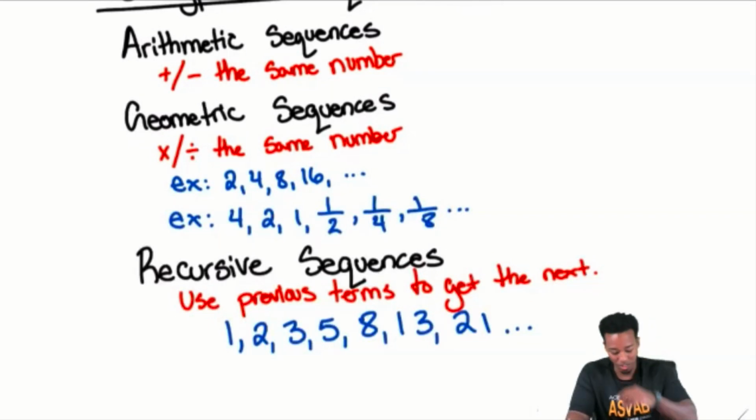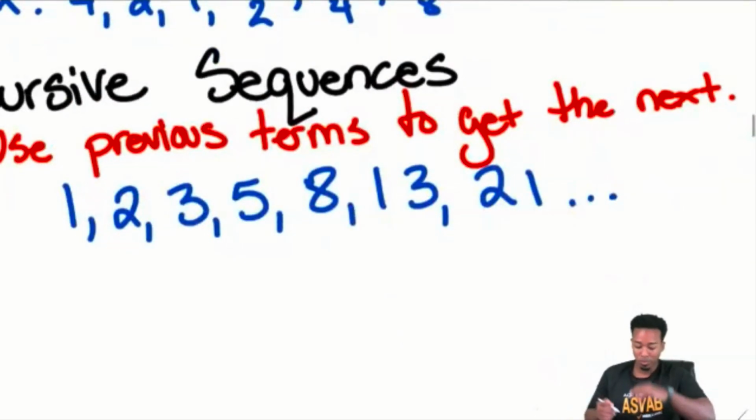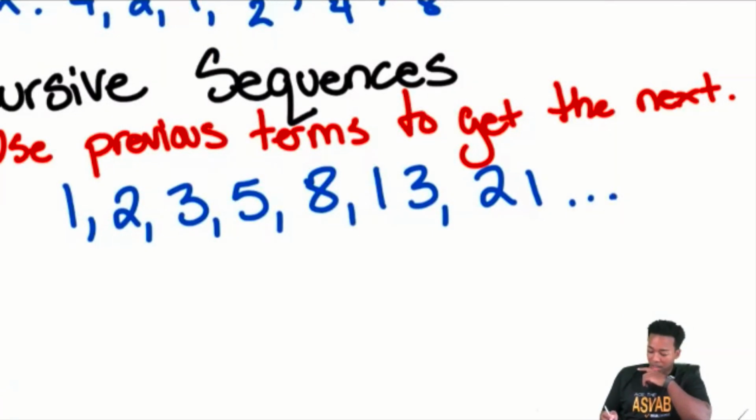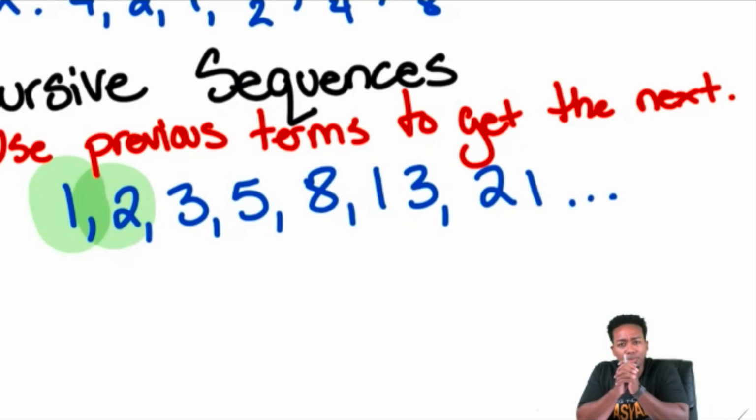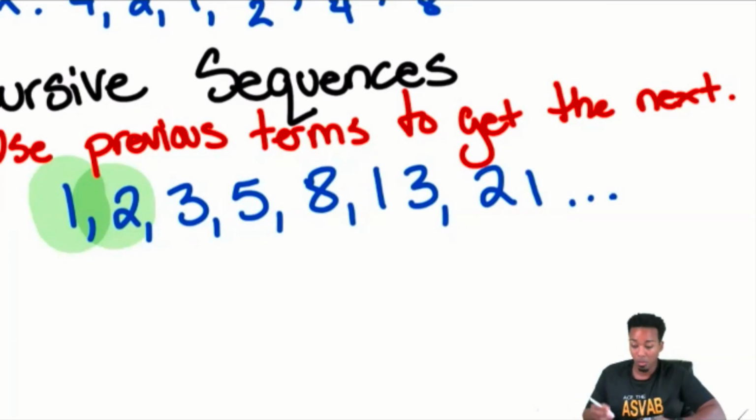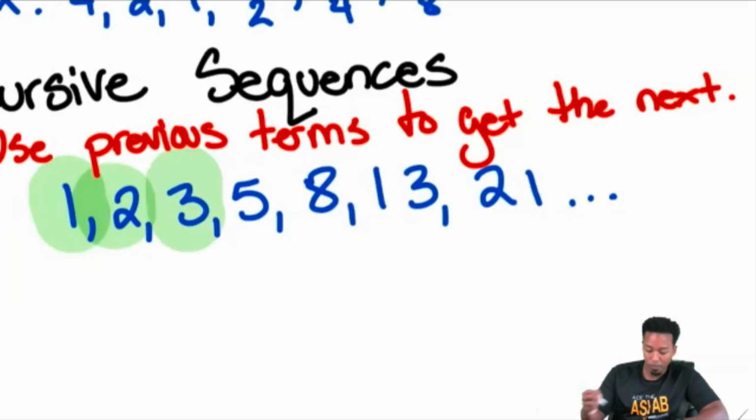Correct. Let's take a look here, everybody. So we have these first two numbers. Everybody, what's 1 plus 2? Quick, chat box. Oh yeah, 1 plus 2 is 3. Okay, everybody, what is 2 plus 3?